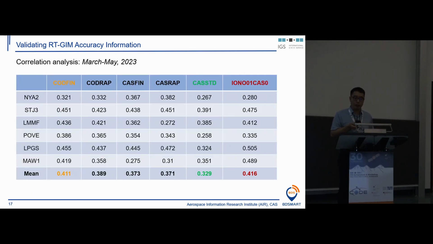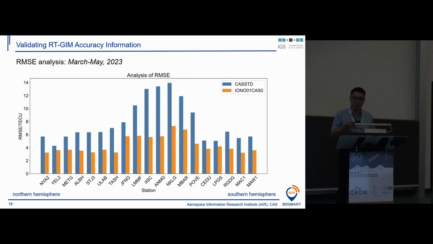Here is the table with a comparison not only for the real-time RMS information, but also with the rapid and final GIM products provided by CODE and CAS. We can see that especially for the correlation analysis, our new algorithm shows the highest correlation coefficients, even compared to some RMS information provided by the rapid and final GIM products.